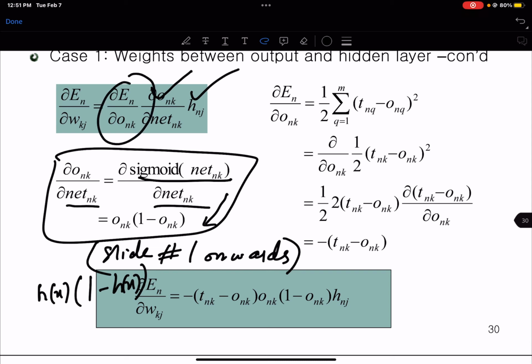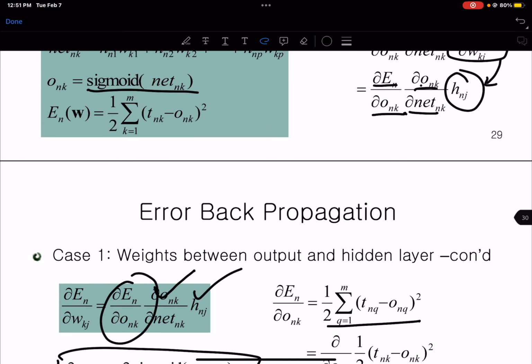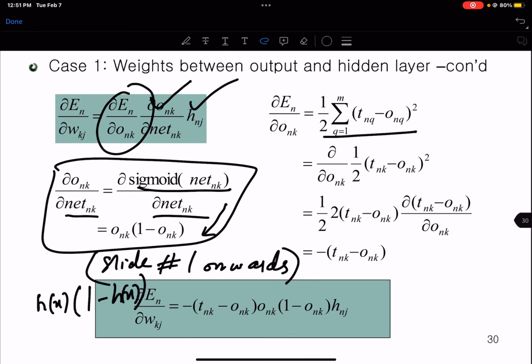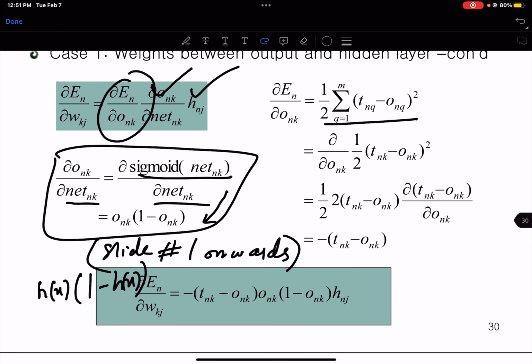The rest is this, the last part of our partial, which we know is represented in this form. From here you can see. Okay. So if we are taking with respect to a specific output nk, the partial function, then what we are left with is, first the partial will be reduced to this, and then we take the partial of this part.